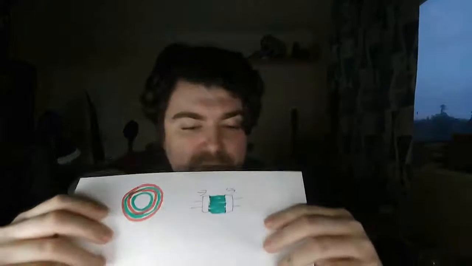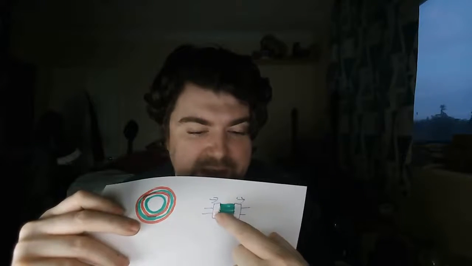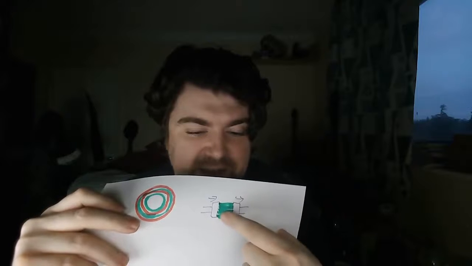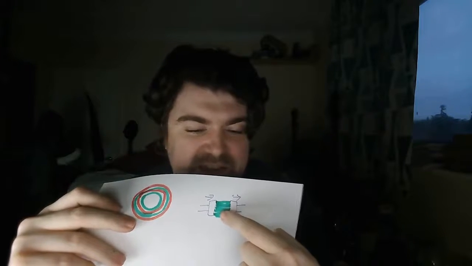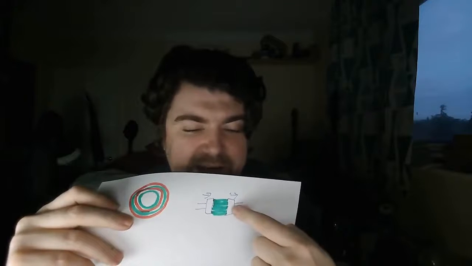Where's the liquid? Okay, so here's the clutch. That is spinning as a spinning disc, and it presses into that liquid. And that liquid, the more it gets pressed into it, the more viscous it becomes. And then it connects to that.